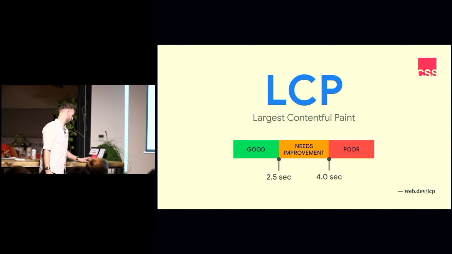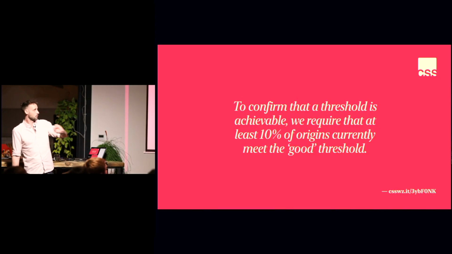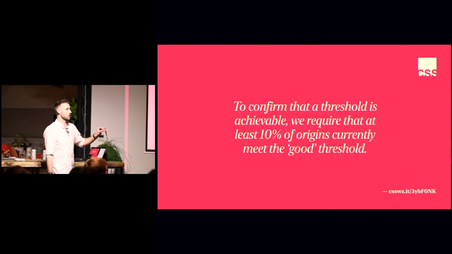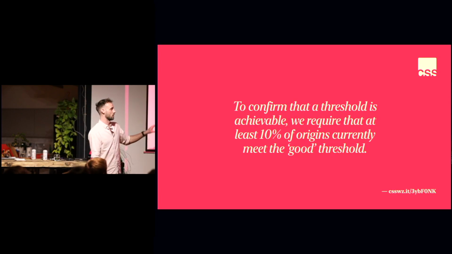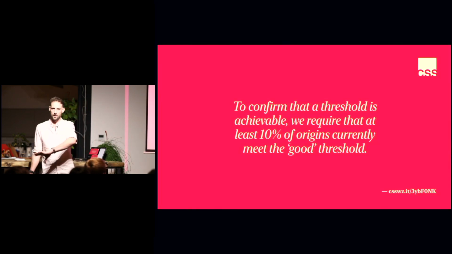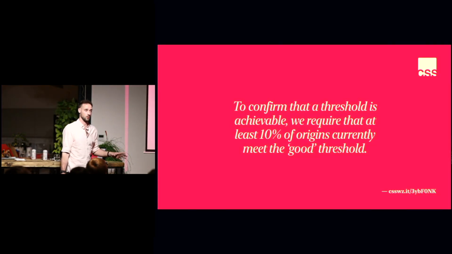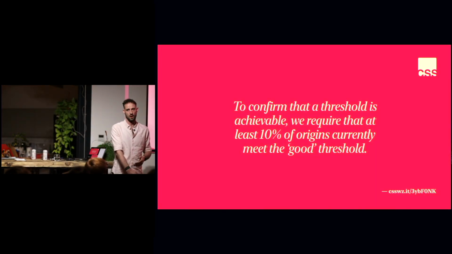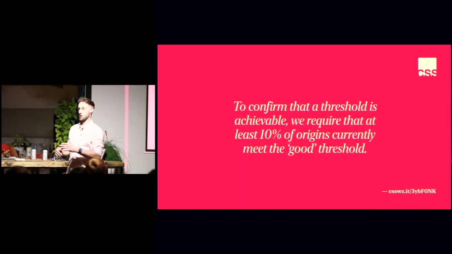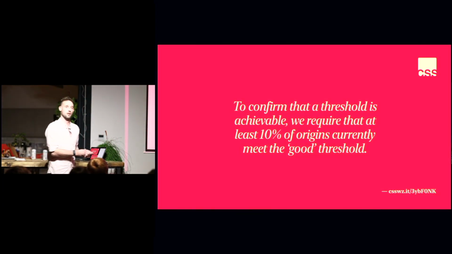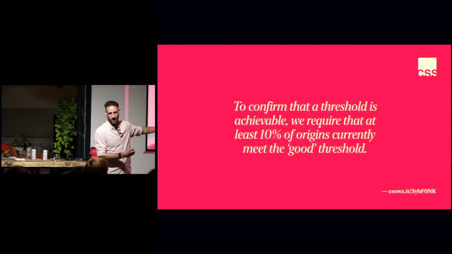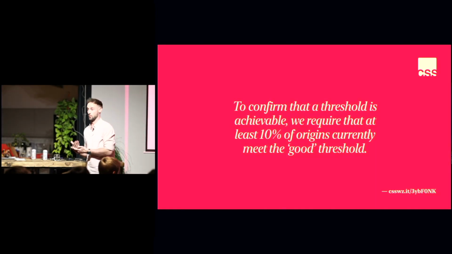But also, to confirm that a threshold is achievable, they required that at least 10% of origins currently meet the good threshold. They don't want to create an unachievable, like 0.5 second, threshold. They took the web, ran some heuristics, and decided that, at the time of defining the metric, 10% of websites can achieve 2.5 seconds.